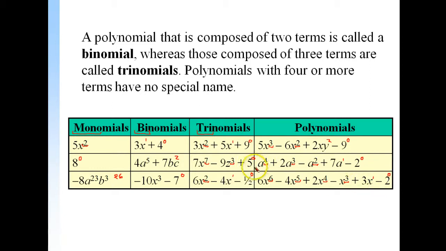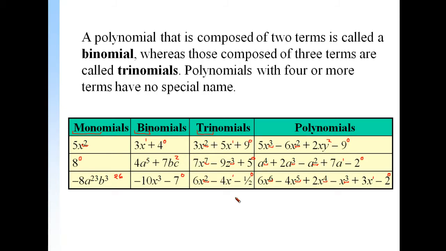Now the questions sometimes arise, well, the first one is, what is the degree of a term in an expression? Well, we did that. Now the next question would be, what is the degree of the expression?